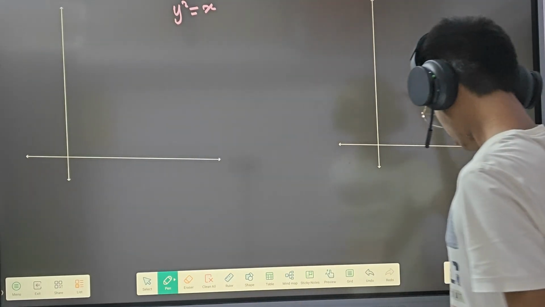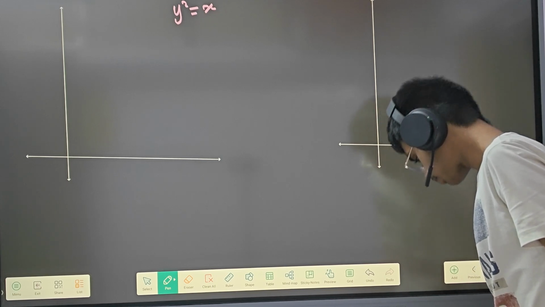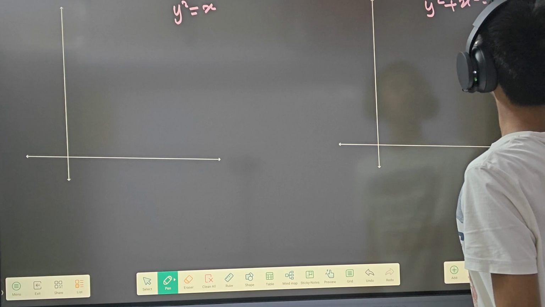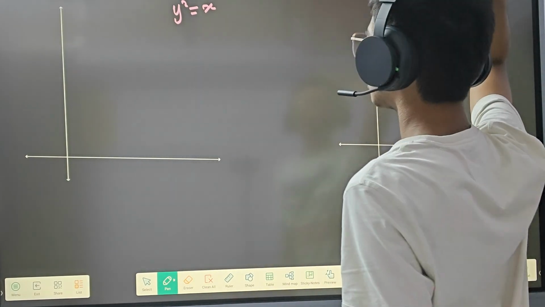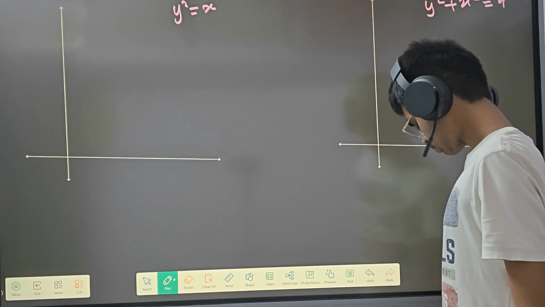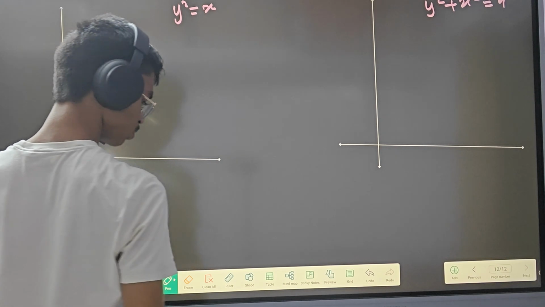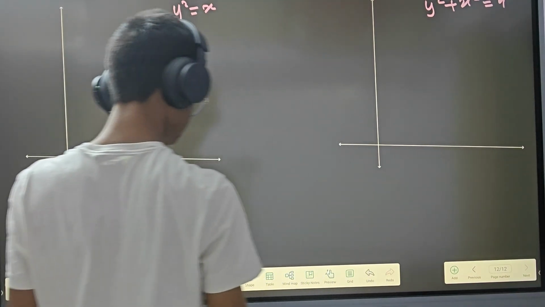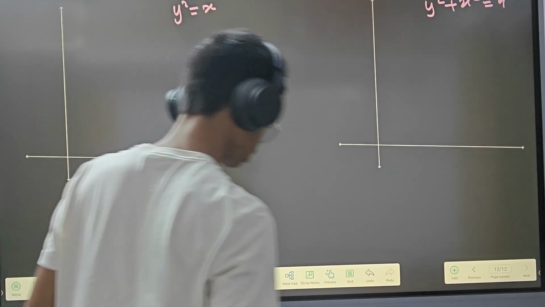Secondly, I'm going to take y squared plus x squared equals 9. Shall we take two others also? Okay, this is enough. First we will come with this, then we will go with this.